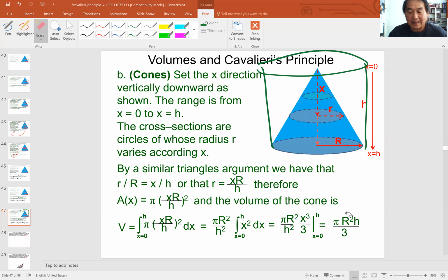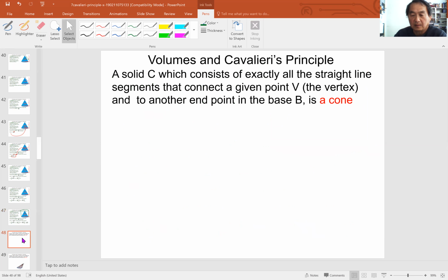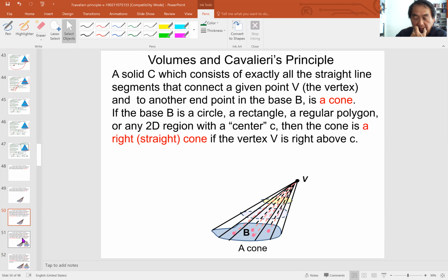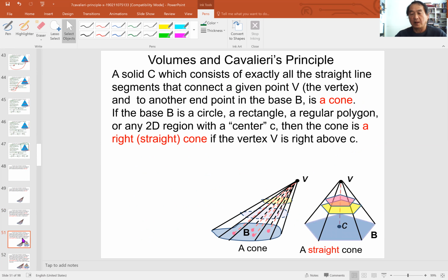That is true for all cones sitting inside a cylinder, or inside the corresponding prism: the cone is one third of the prism. So all of these are going to be 1/3 of the prism.